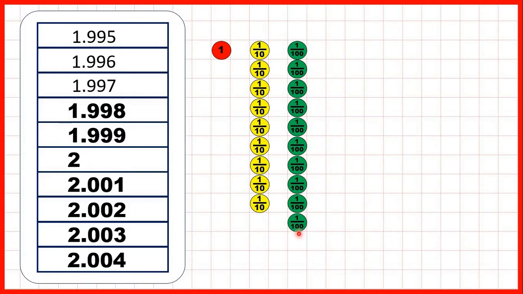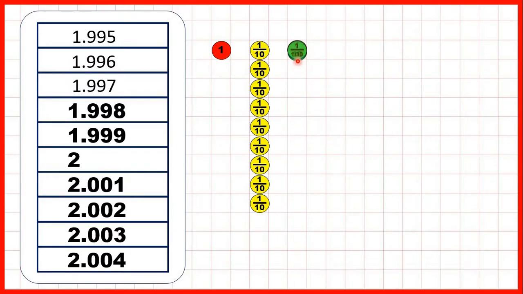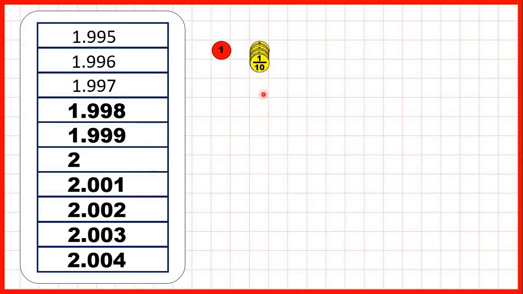But now we have 10 hundredths counters, and we can exchange those for 1/10th, because 1/10th is the same as 10 hundredths. But now we have 10 tenth counters, and 10 tenths is the same as 1 whole. So that's why we have 2 wholes altogether now. Notice we were just exchanging here.